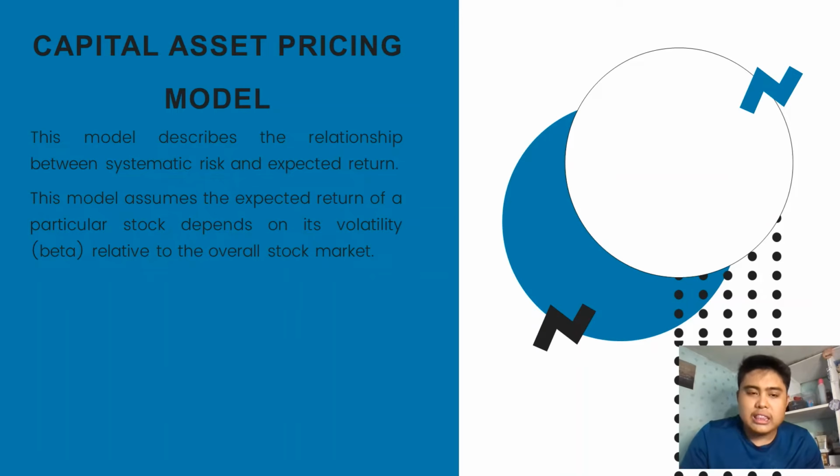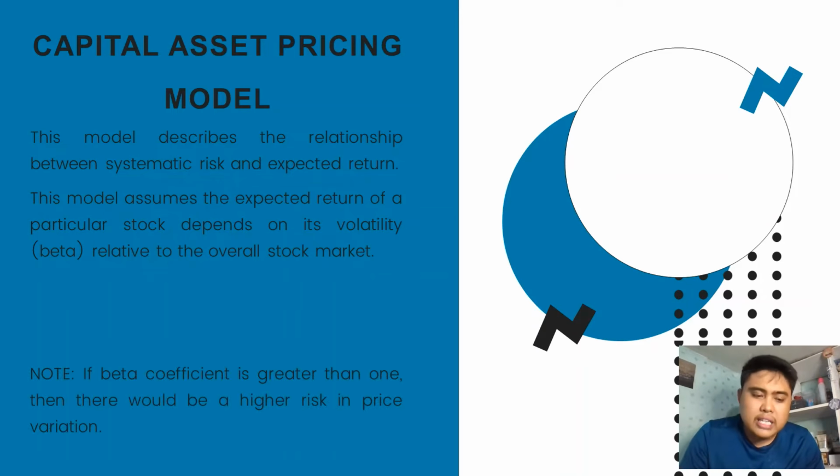Take note that the volatility of the price of a stock is measured by the beta coefficient. Kaya nga, if beta coefficient is greater than 1, then there would be a higher risk in price volatility or price variation. Sa Tagalog, kapag ang beta coefficient ay mas mataas sa 1, mas malaki ang chance na pabago-bago o mas magbabago ang presyo ng shares.